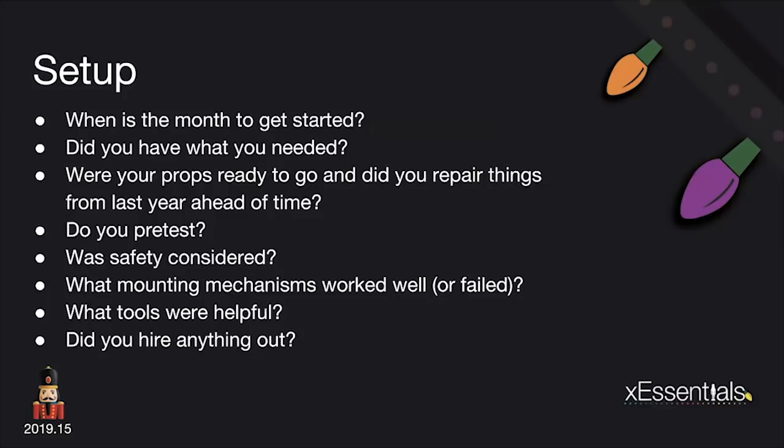Bill? Yeah, so my HOA doesn't allow me to set up before mid-November, so I can't do it for Halloween. But in terms of answering the mounting mechanisms, I spent a pretty good amount of time engineering mounting mechanisms that make it easy to set up and take down, and also relatively invisible.